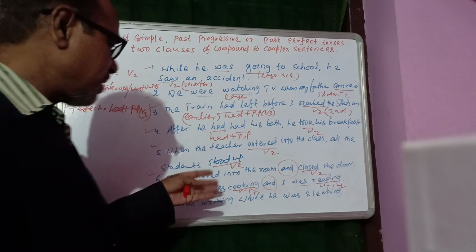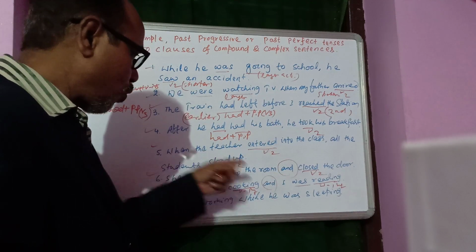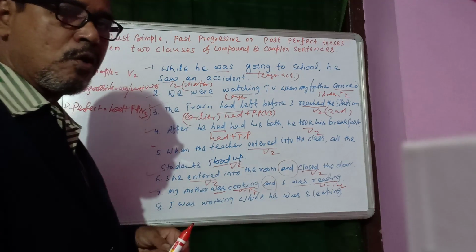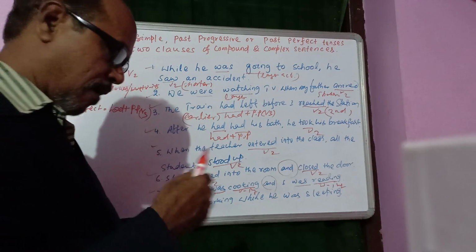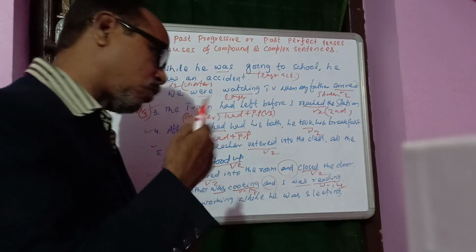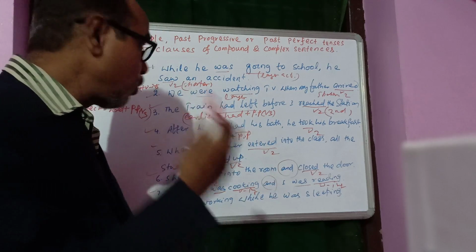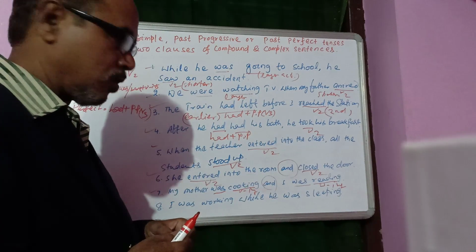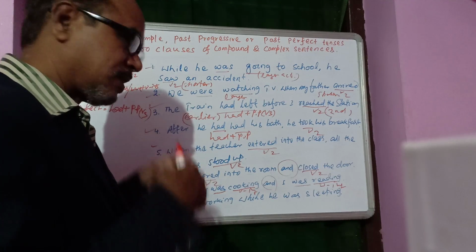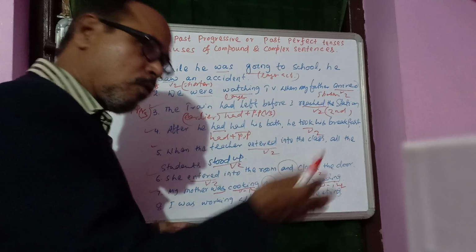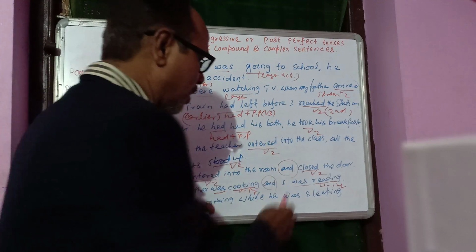Why does this happen? Why are past progressive forms used in both cases? My mother was cooking: the cooking was continuing in the past. It was a continuing action, and for a continuing action we can use the past progressive form. Simultaneously another event was also going on, that was reading.